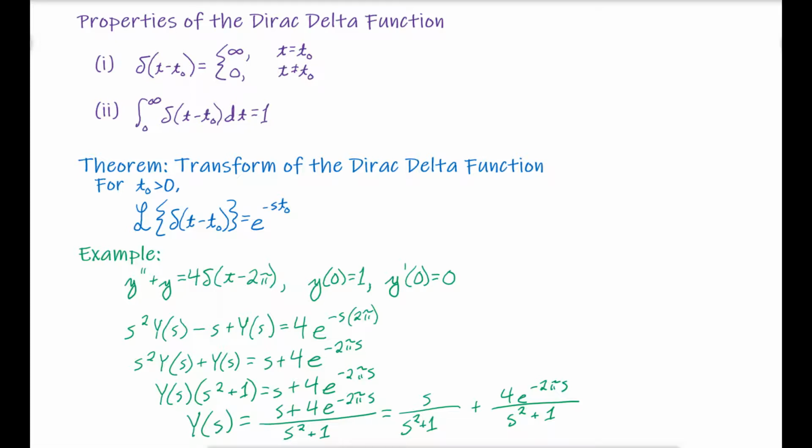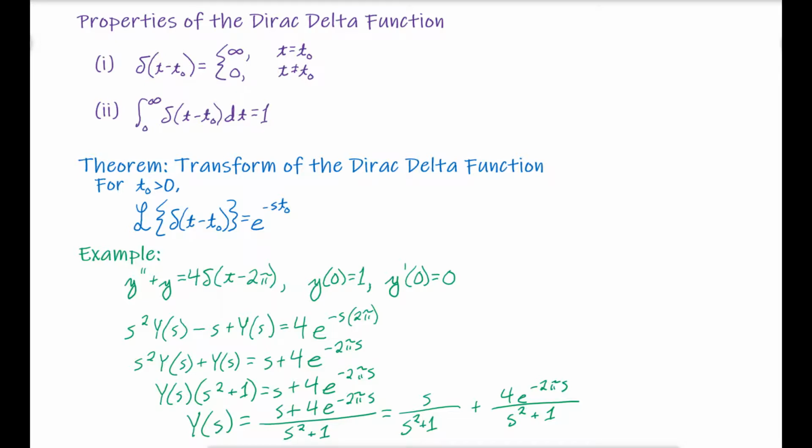The second part, I need to use my second translation theorem. I'm going to use the unit step function, or that Heaviside function that we had, and I'm noticing that it's shifted by 2 pi. So it looks like sine, except it's been shifted by 2 pi.